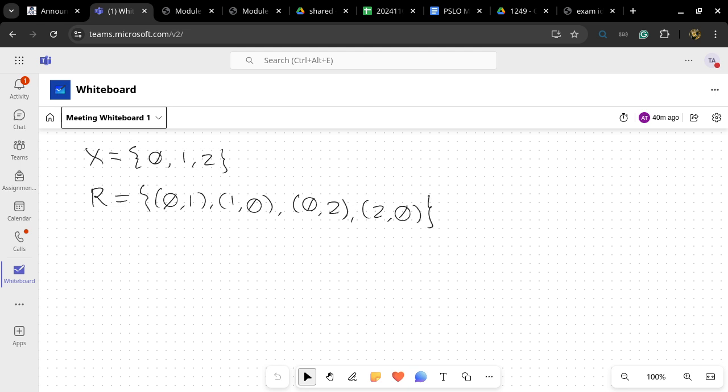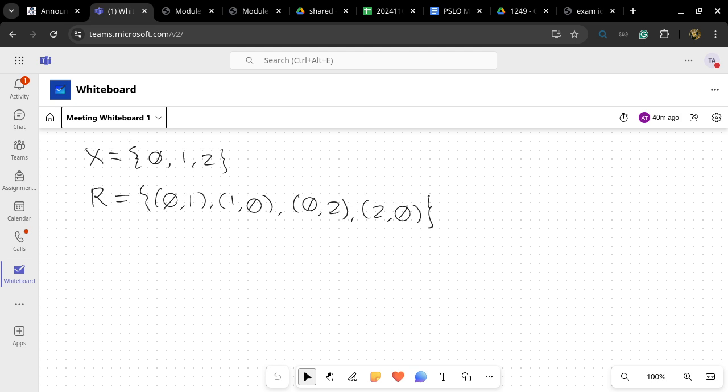Given how X and R are defined, we're looking for two counterexamples to show that this particular R is not transitive. How can we show that? This one actually has many examples of why it is not transitive.